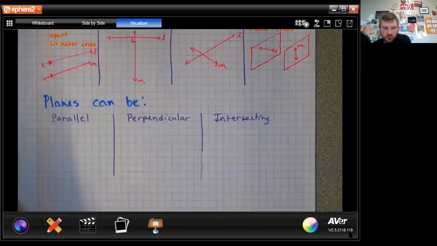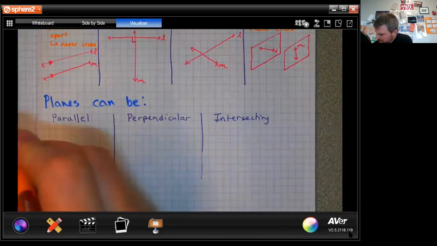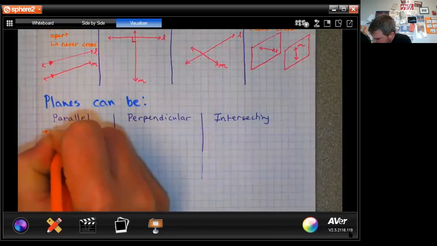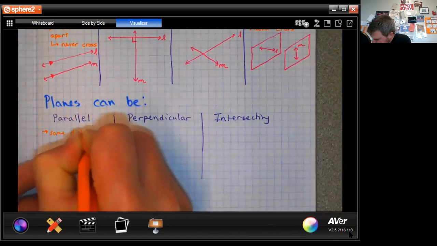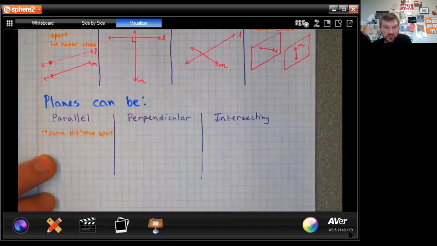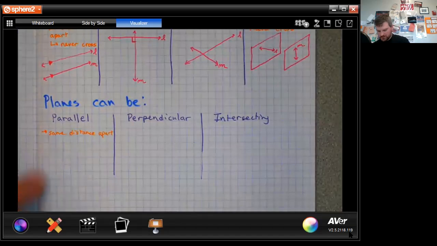For planes to be parallel, they must be the same distance apart. Okay? They will be the same distance apart. And more than likely, you'll have perpendicular or parallel lines on them as well.